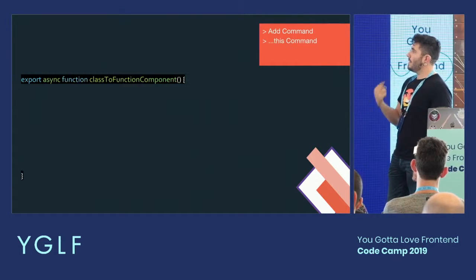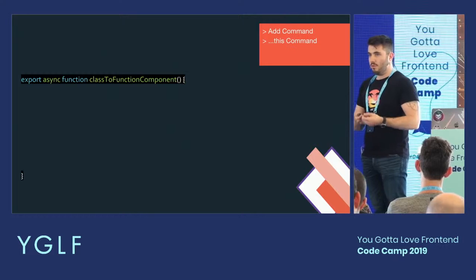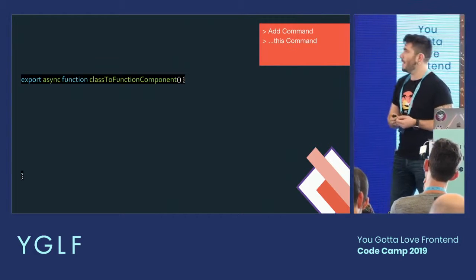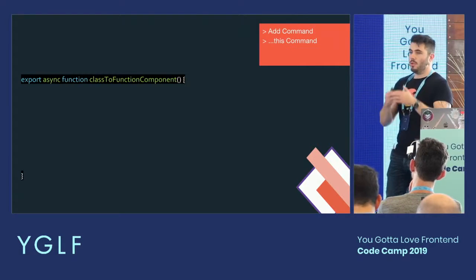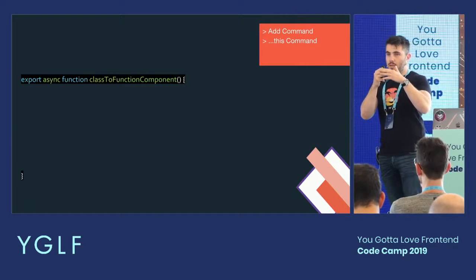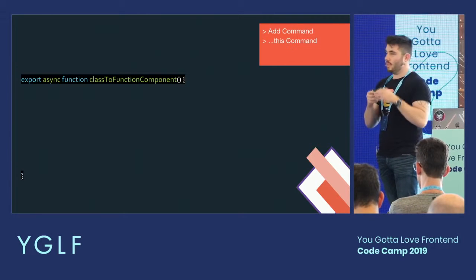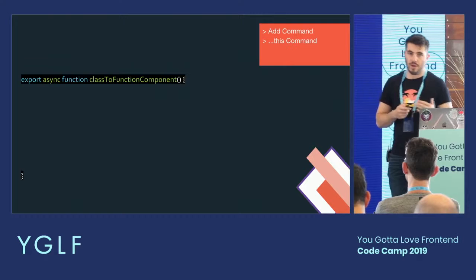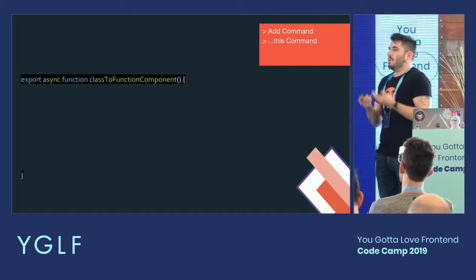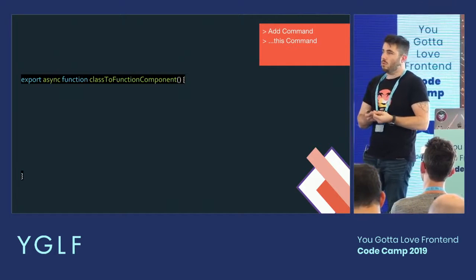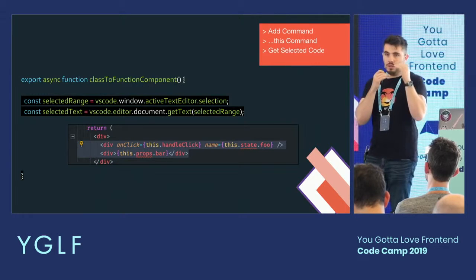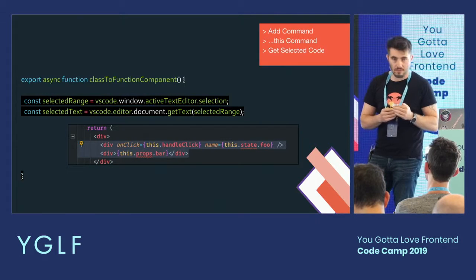So now let's actually implement the refactoring itself, right? If you remember, it all starts by the user selecting the code he would like to refactor, which means that the first step we need to do is get the selected text.